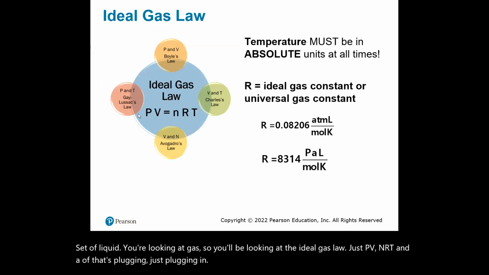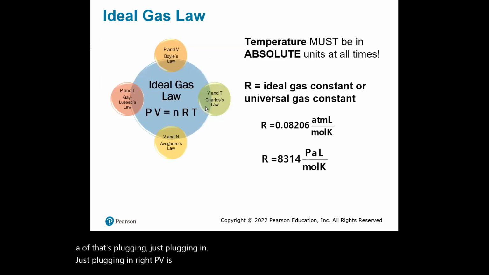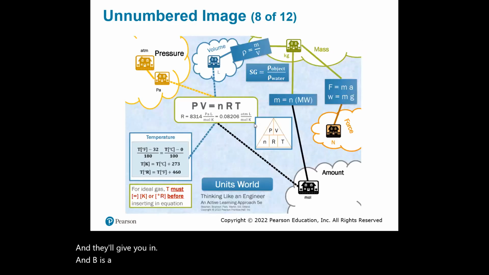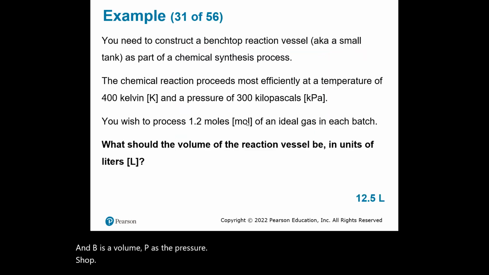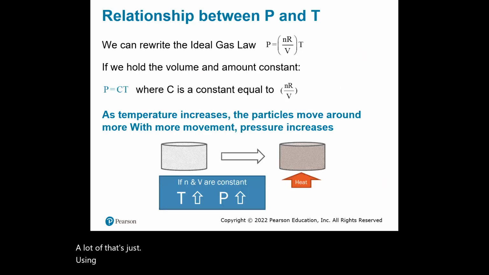They give you R, which is the ideal gas constant, and they'll give you n, V is the volume, P is the pressure. So a lot of that is just using this equation and plugging in.